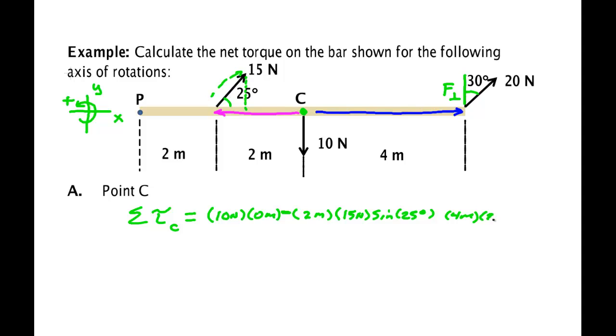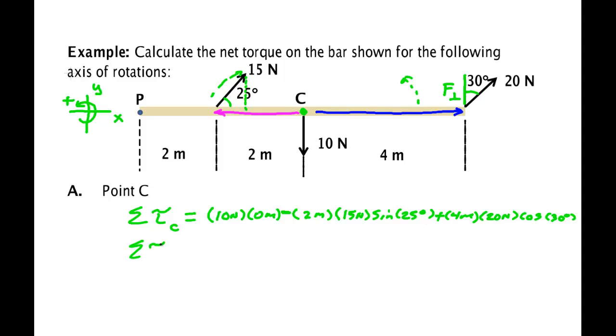So it's 20 newtons cosine 30 degrees. And when I pull on it this way, it's going to cause the bar to rotate this way about C. You could just hold your pencil in the middle and jerk on each end and see which way the force would cause it to rotate. You jerk on this end, it's going to cause it to rotate counterclockwise, and we said that was going to be counted as a plus.